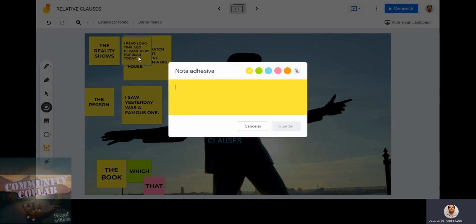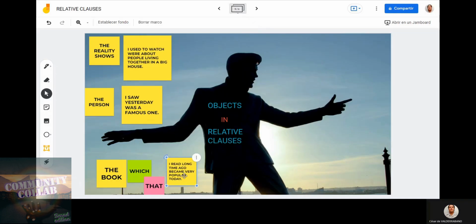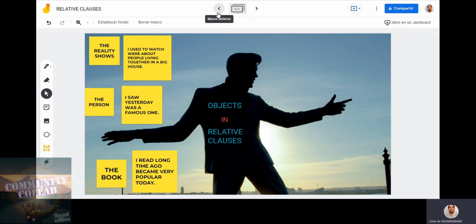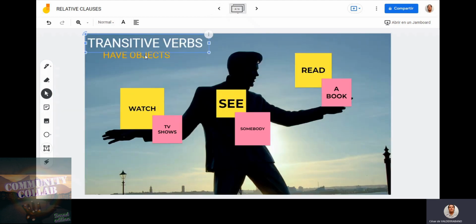That's another one: the book which or that I read a long time ago became very popular today. So we can omit this, and that's it. Let me tell you that this only happens with transitive verbs because they have objects.